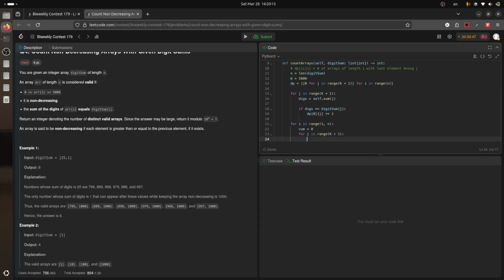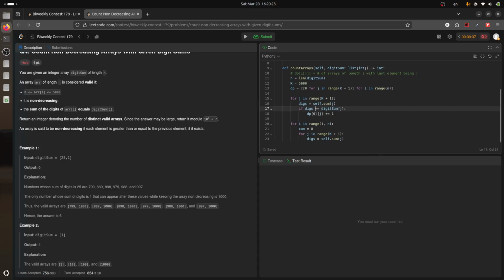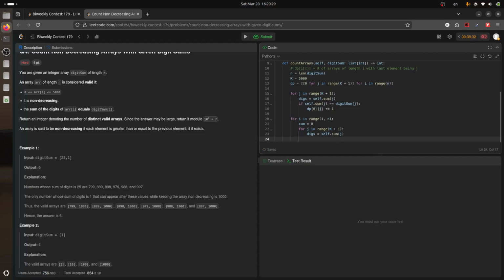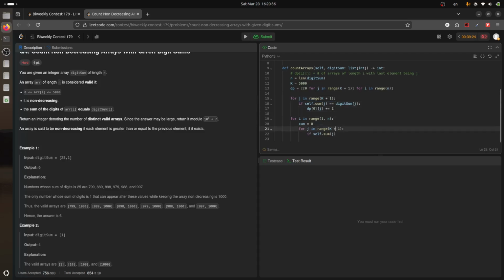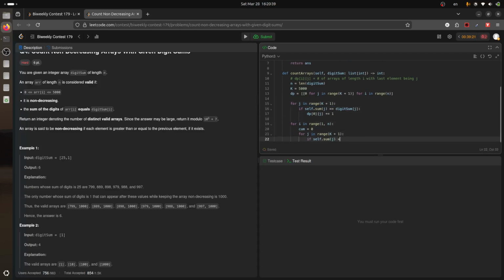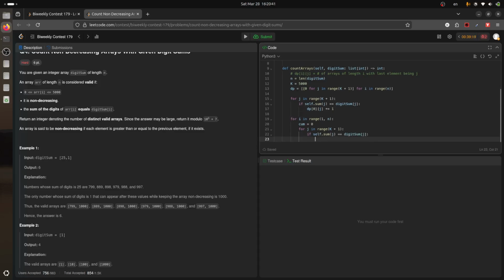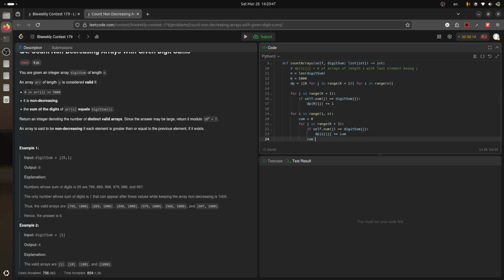Now, digits is equal to self.sum(j). If the digit sum matches j, then dp[i][j] += dp[i-1][j].